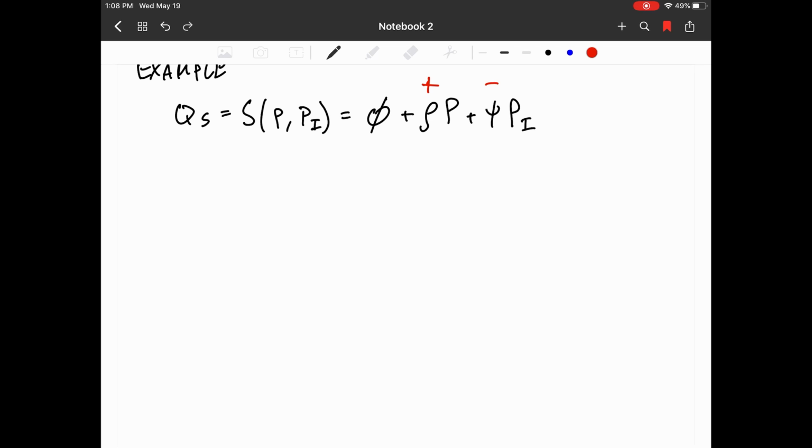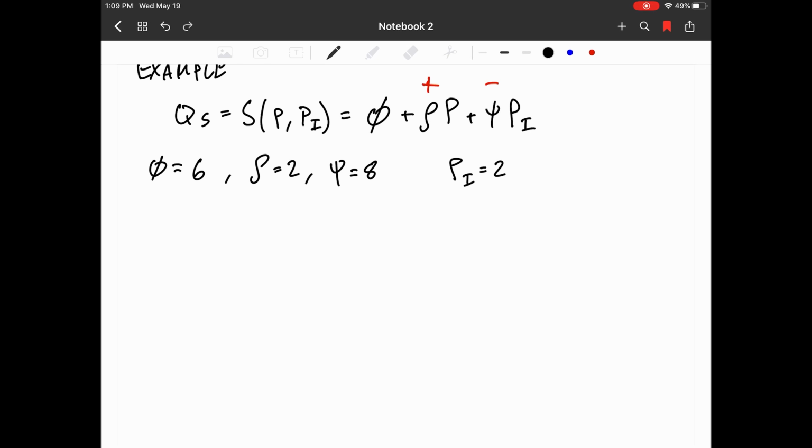Okay, so let's set up some parameter values and walk through something similar to what we did with the demand curve. So we have phi equal to 6, rho equal to 2, phi equal to 8, and then for a variable value, we'll use the price of inputs being 2.